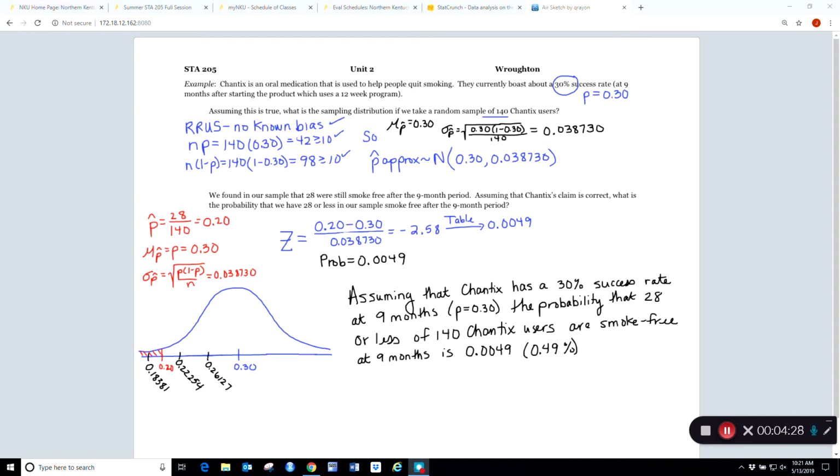Then based upon that assumption, our probability that 28 or less of the 140 Chantix users are smoke-free at 9 months is 0.0049. So that is the probability of being less than this 20% that we found in our sample. Everything up to here is not new, it's really just review. But now we want to talk about what this probability really means.